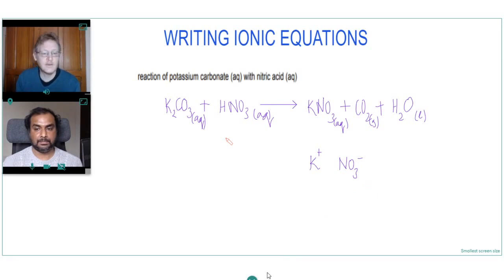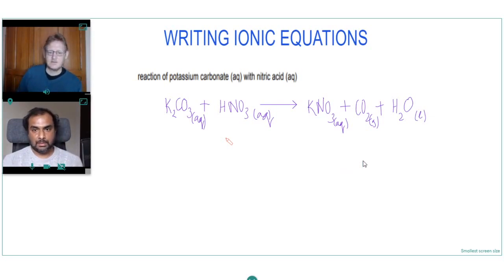Yeah, because ionic compounds overall are neutral, so the plus and the minus cancel out, and for K2CO3 we needed 2 potassium ions to cancel out the 2 minus charge on the carbonate ion. Yeah, so keeping it neutral, the plus and minus. So I'll just take that out.